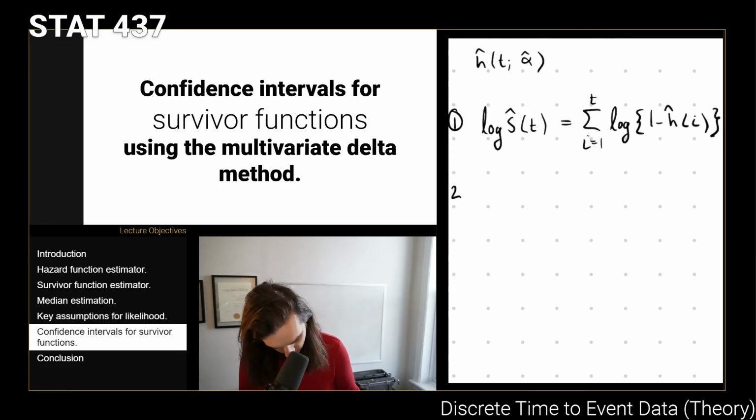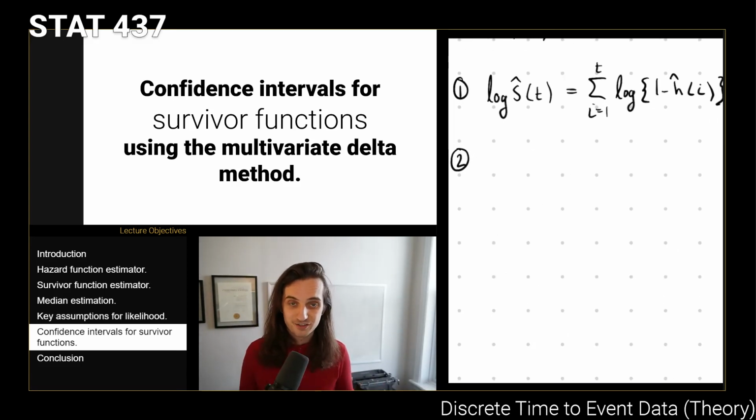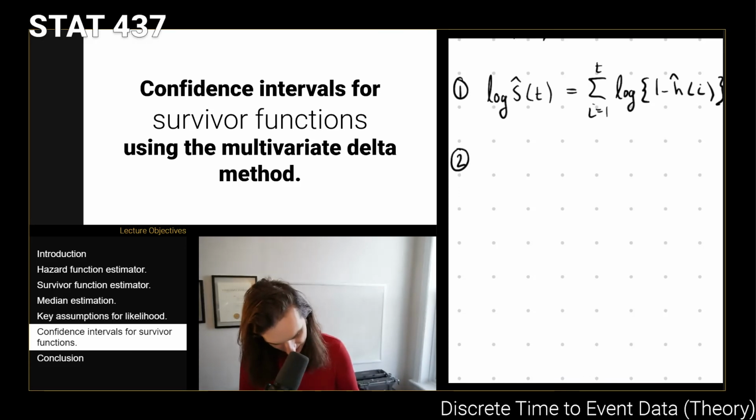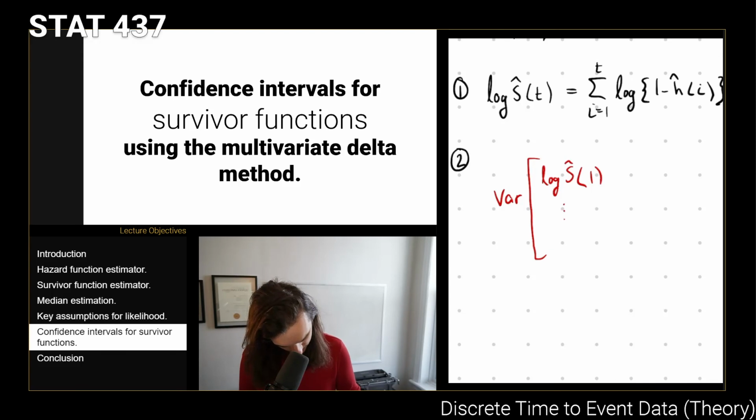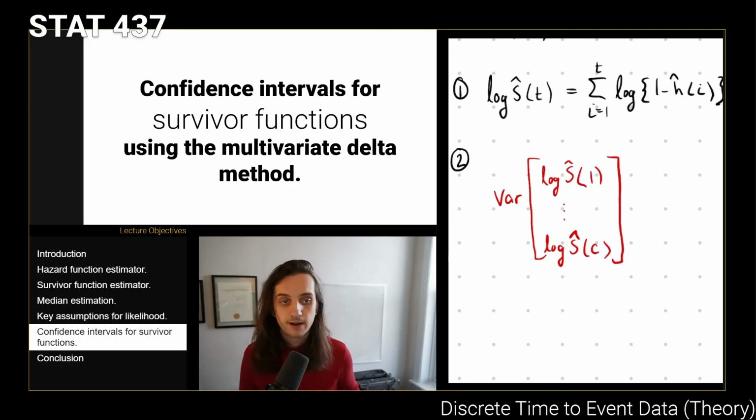So then what we do is we make this observation. And this is an observation that you could derive for yourself, but I'll just state it for you here. The idea is that the variance of this set of log survivor functions, so let's say log s hat of 1 up to log of s hat of c, say c as the maximum value there, right?